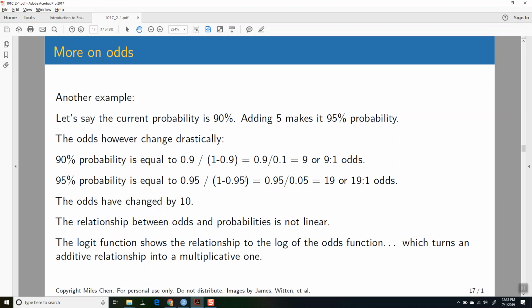On the other hand, if you go to 95% probability, your odds are now 19 out of 20 that it will happen, 19 to 1. And so your odds have changed by 10. They've gone from 9 to 19, with that same boost of 5 percentage points.